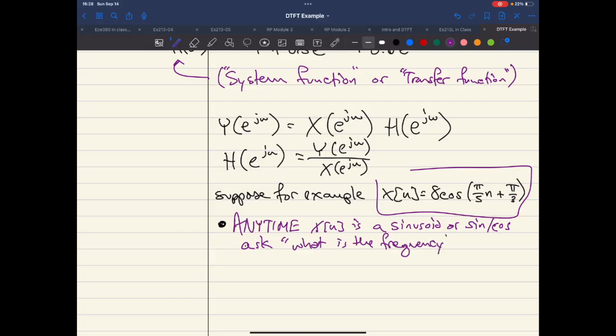Because I guarantee you I'm going to give you a problem where I give you some kind of system input, and 9 times out of 10, if it's got a cosine or sinusoid, you'll be able to just look at it, grab the frequency off of there, and have a really nice hack for how to solve the problem.